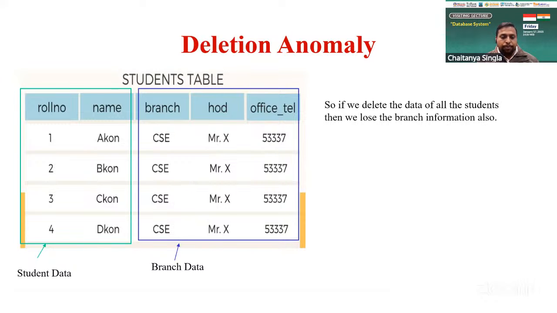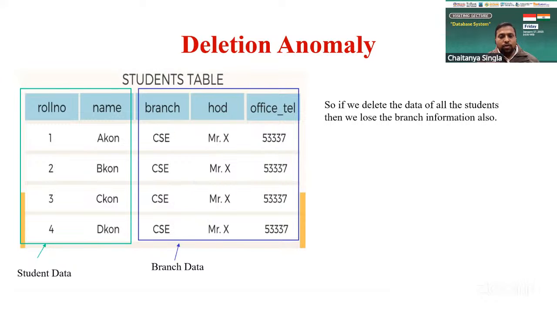But our campus has the branch of CSC, and the HOD details of that branch are also lost, because after deleting all the rows, the table becomes empty, and along with student data, the branch data is also lost. So this is deletion anomaly, where by mistake we also lose some other important information that we require.